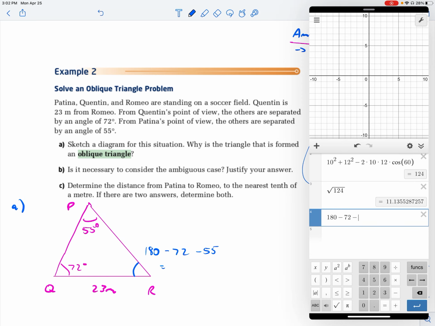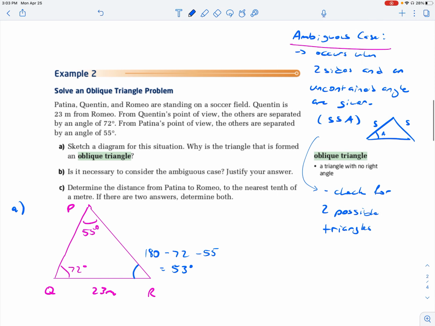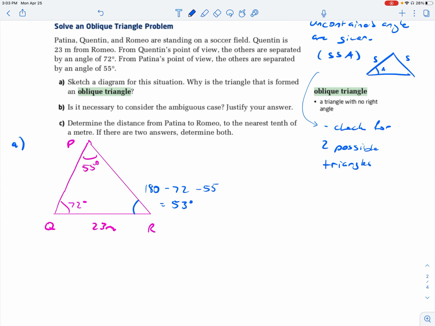Let's do a quick check. Minus 55, yeah, 53. If I had to classify this triangle, I know it's oblique because there are no right angles. So I can just say, since triangle PQR has no right angle, it is oblique.